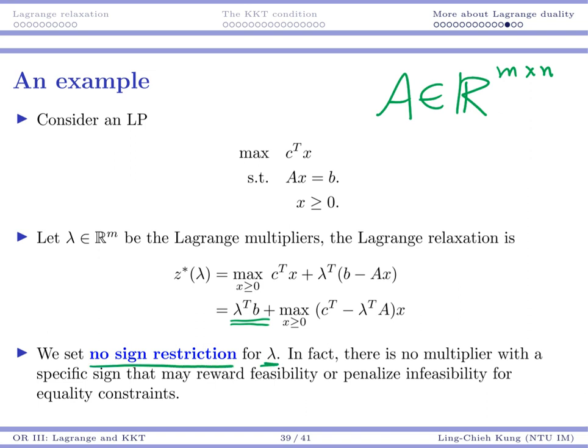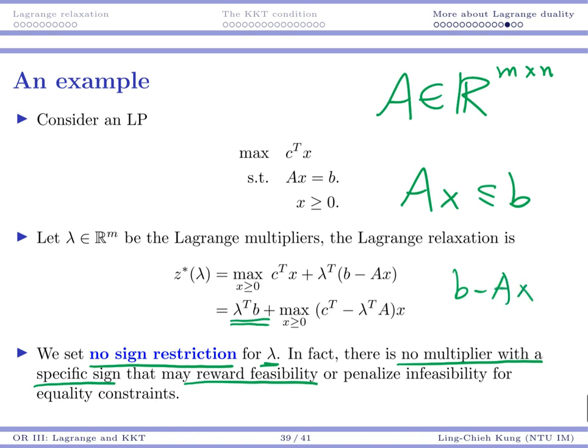Why is that? Because there is no multiplier with a specific sign that may always reward feasibility for equality constraints. What does that mean? In the past, if you say Ax is less than or equal to b, then whenever we have b minus Ax, we know if x is feasible, this must be non-negative. But here, this is equality.